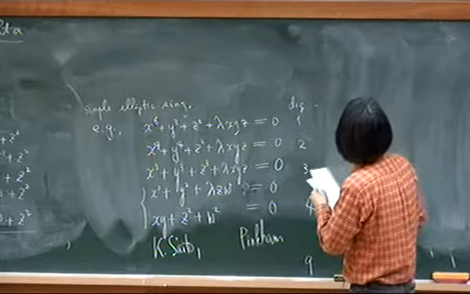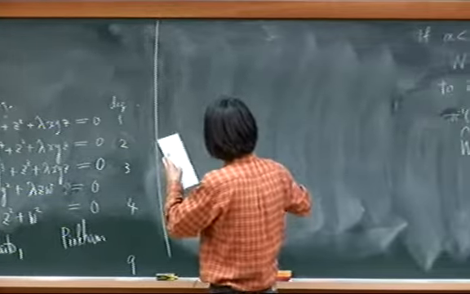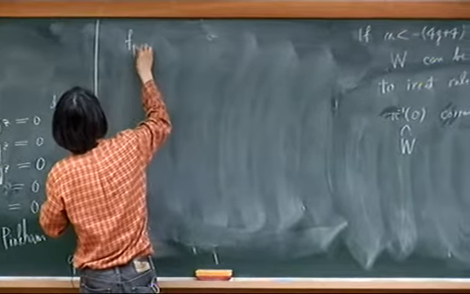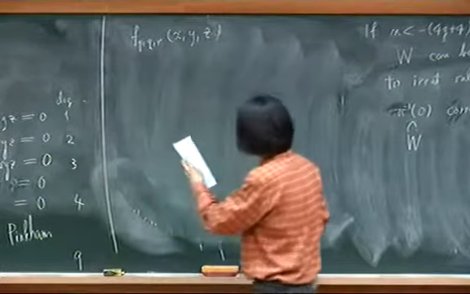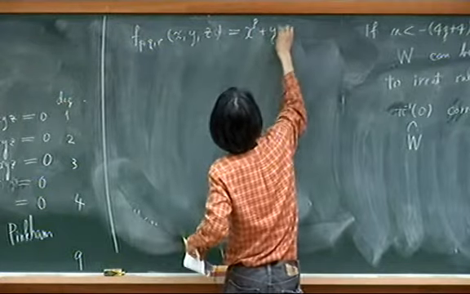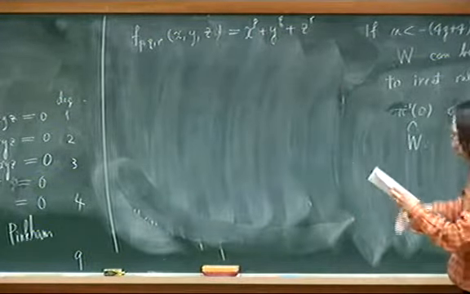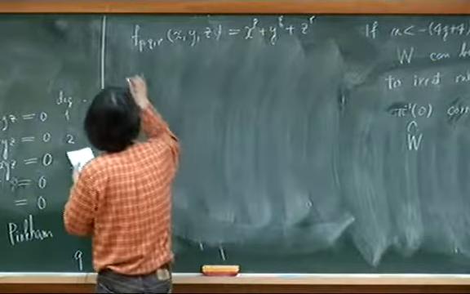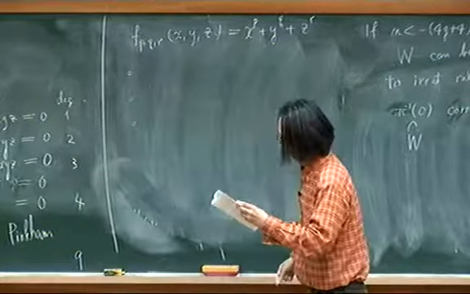Okay. Now I want to consider a polynomial like f_{p,q,r}(x,y,z). This is a polynomial of 3 variables of Fermat type, like x^p + y^q + z^r. If you consider this sort of thing, there are 3 classes of these polynomials.